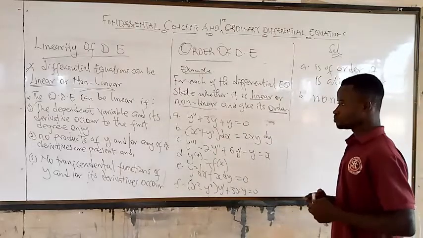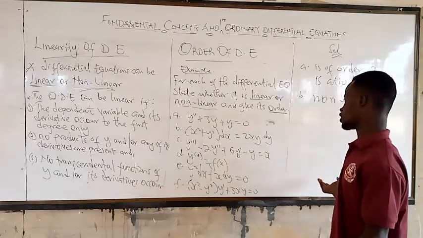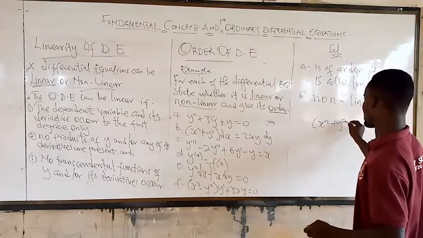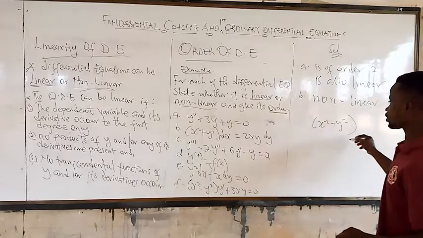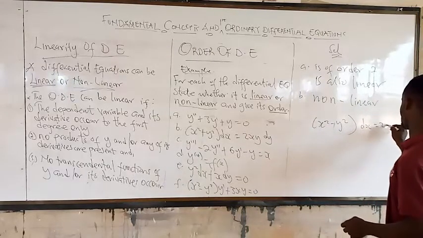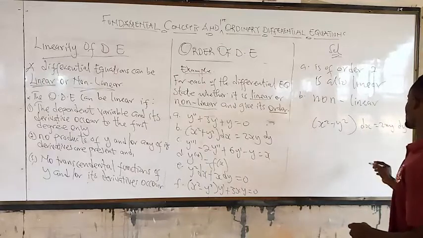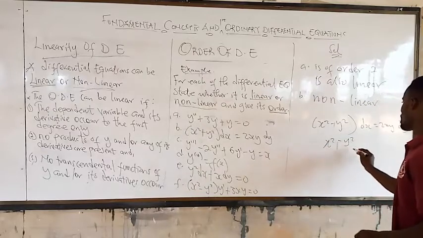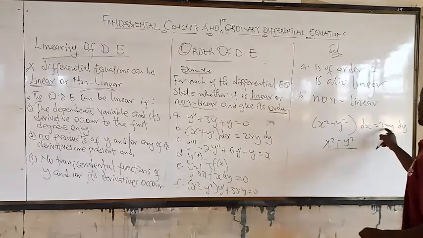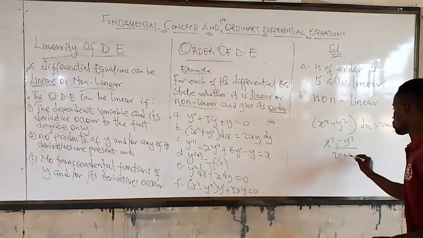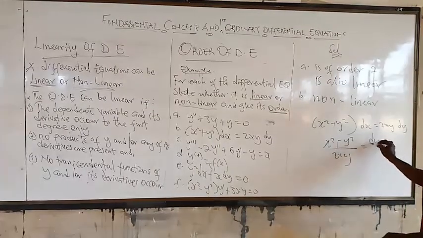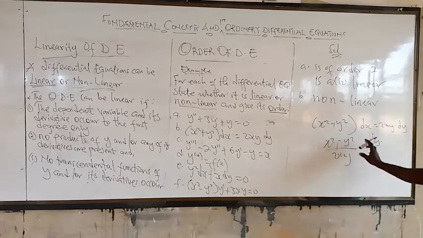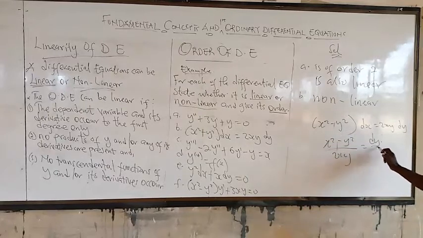Order: we have only one order. Because with s squared plus y squared ds is equal to 2sy dy, we can divide by 2sy, and here we will be left with dy, and divide both sides by ds, and we get dy over ds.